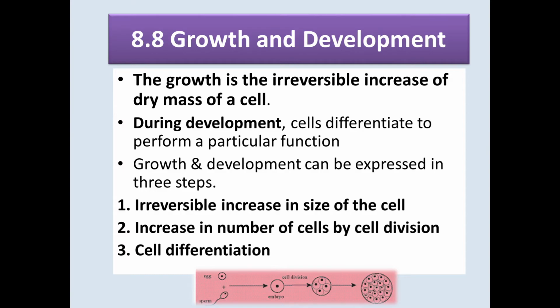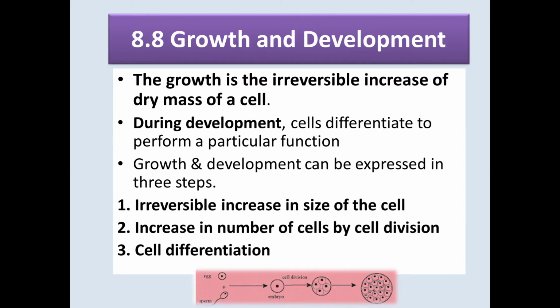Then development. What is development? In unit 6 you learned the cell is not continuously growing. But when the size of the cell increases to a certain level, it divides and forms two cells. Then it divides and forms 4, 8. Likewise, the number of cells increases by cell division.